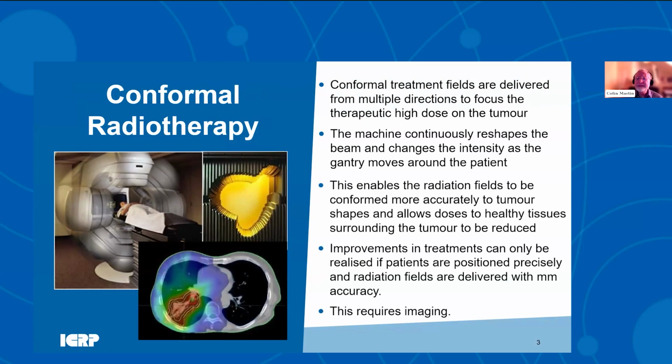So this enables the radiation field to be conformed more accurately to the shape of the tumor and allows doses to healthy tissue surrounding the tumor to be reduced. That's in theory. But these improvements in treatment can only be realized if the patient is positioned precisely in the location that's been planned. And in order to know this requires imaging.